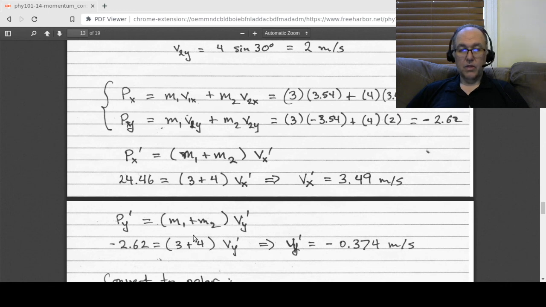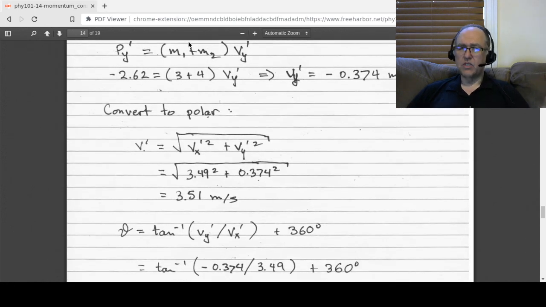That's got to equal the combined mass, 3 plus 4, multiplied by the y component of the velocity after, and this gives us a vy prime of negative 0.374 meters per second. Okay, great. This answers the question in Cartesian. The x component of the velocity after, 3.49 meters per second. The y component of the velocity after, negative 3.74, sorry. Okay, convert this to polar because it's a little easier to think about it in polar.